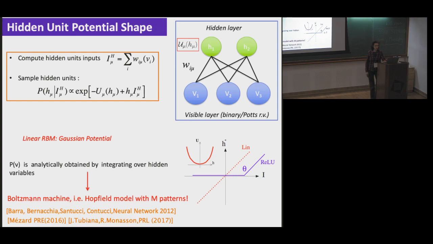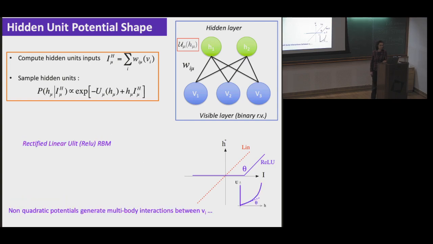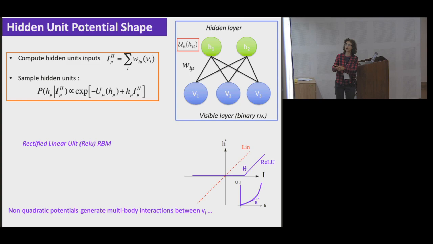And another potential is called the rectified linear unit. It's like the linear potential, but the hidden units will activate only if the input is larger than a given threshold.